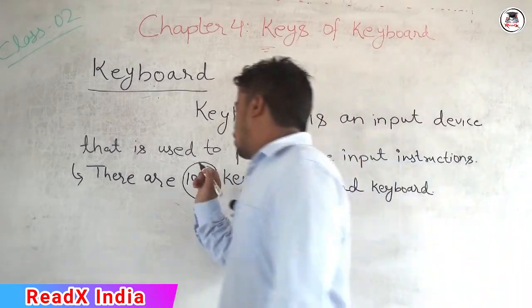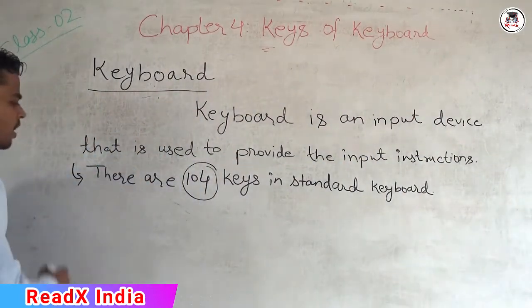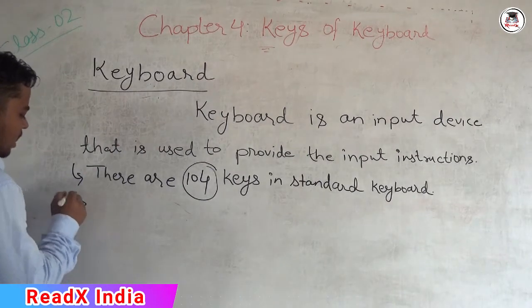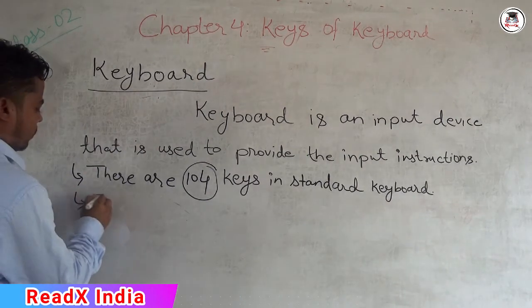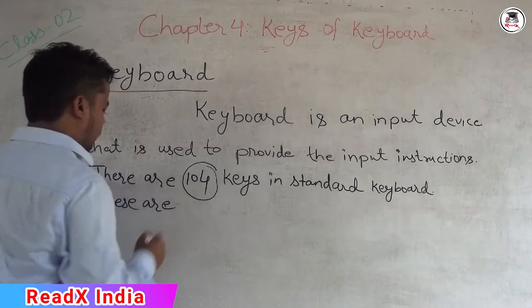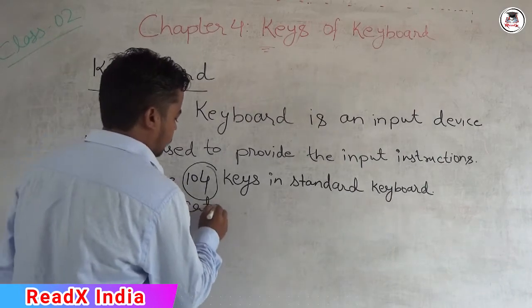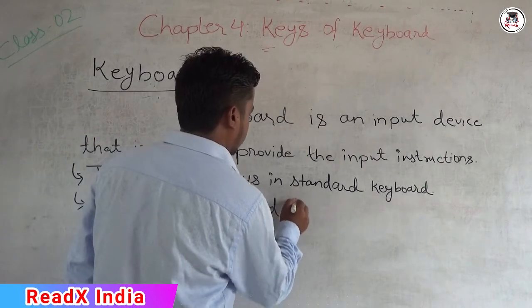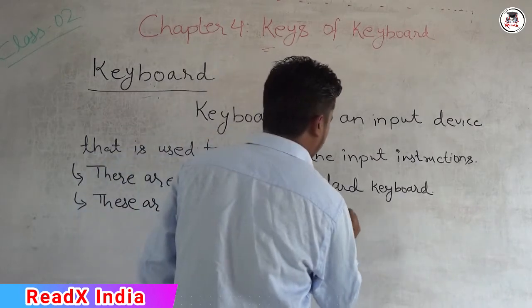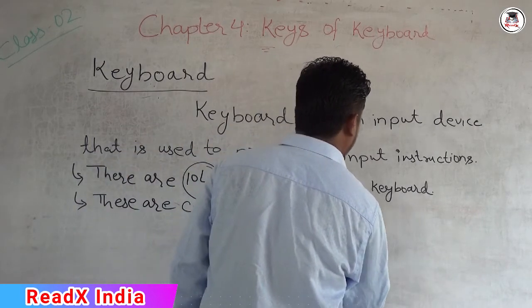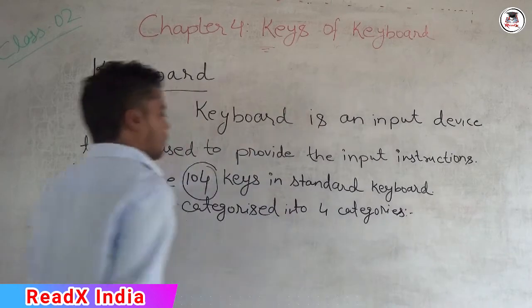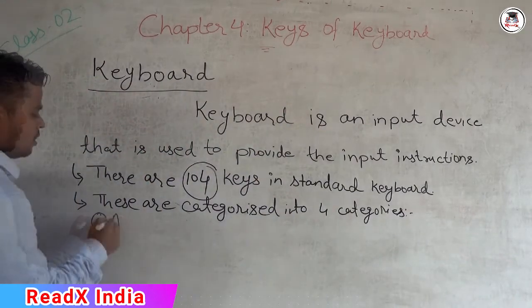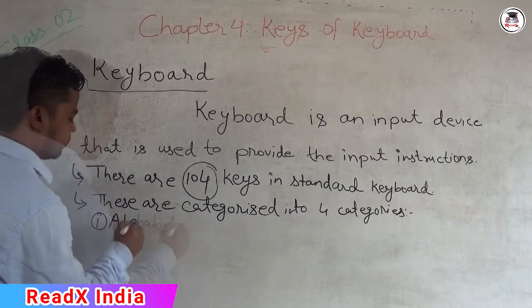Okay, so all these 104 keys are categorized into four categories. Okay, what are those? First one is alphabet keys.